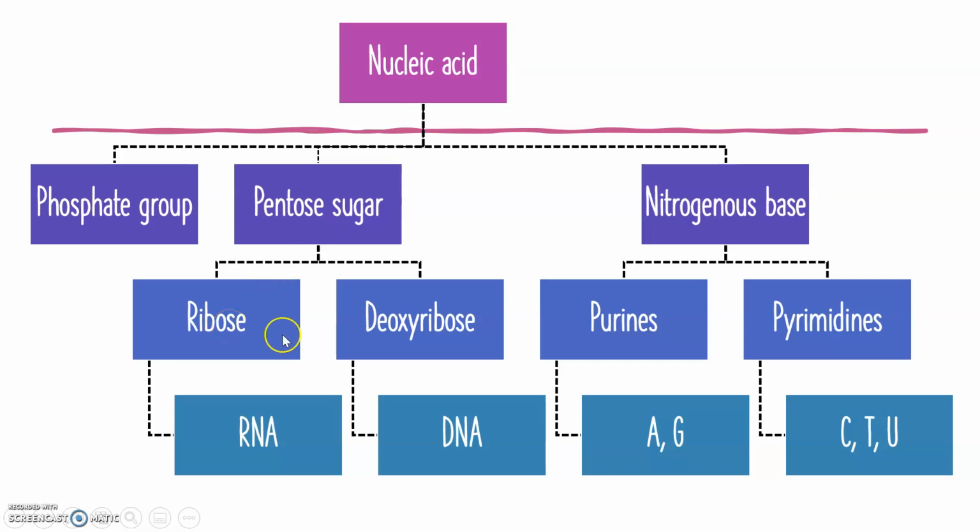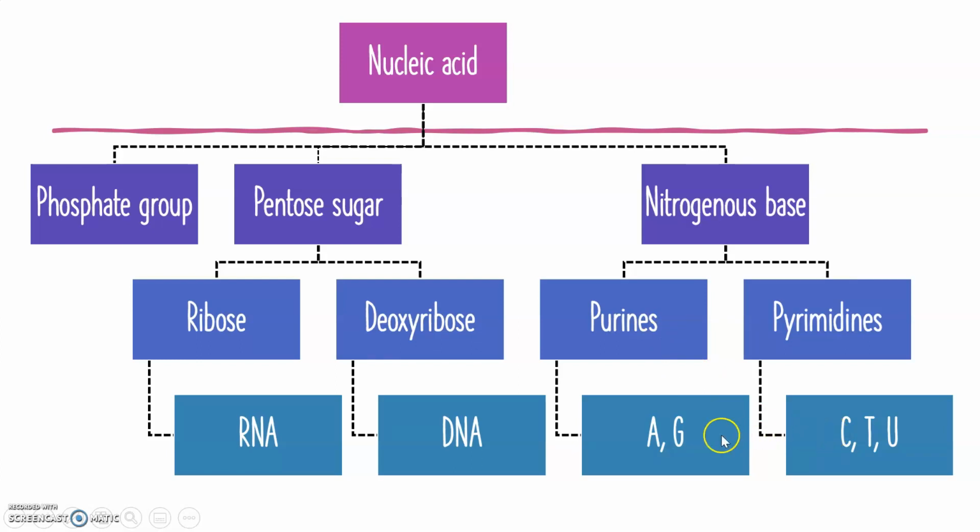One is ribose, the other is deoxyribose. Ribose is used by RNA and deoxyribose is used by DNA. And then you learn how to classify nitrogenous bases, by purines and pyrimidines.